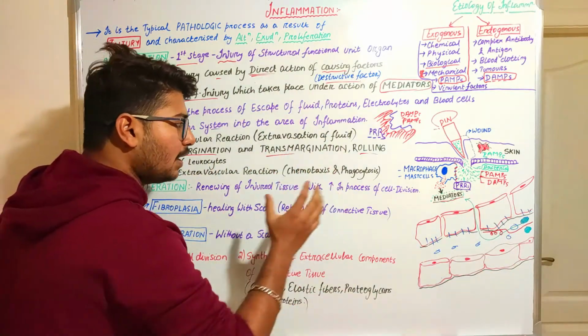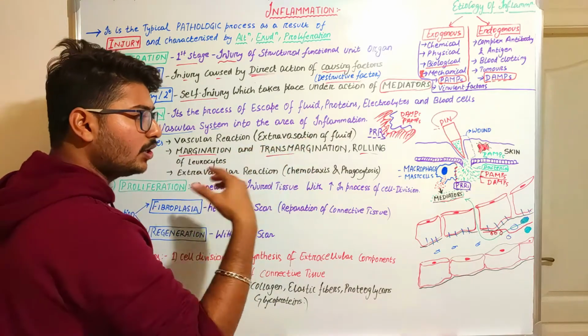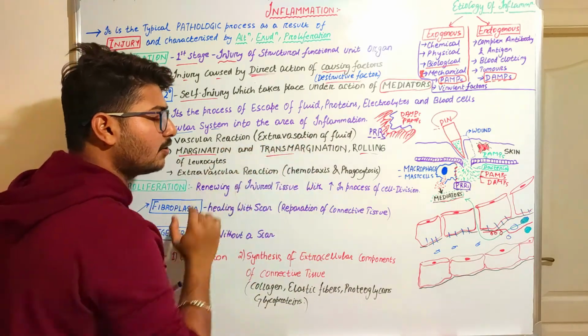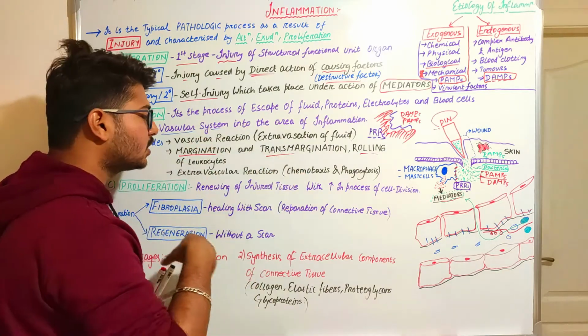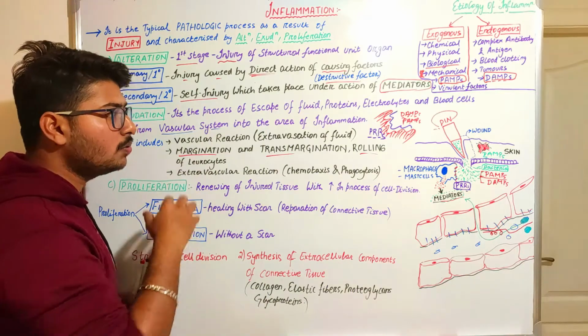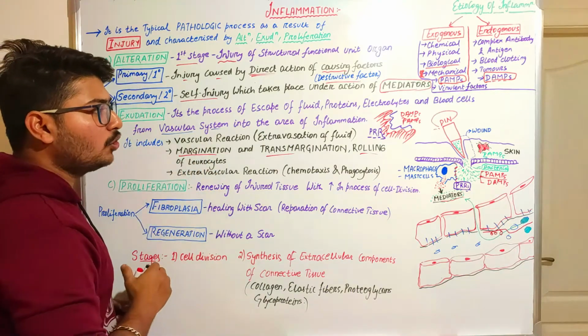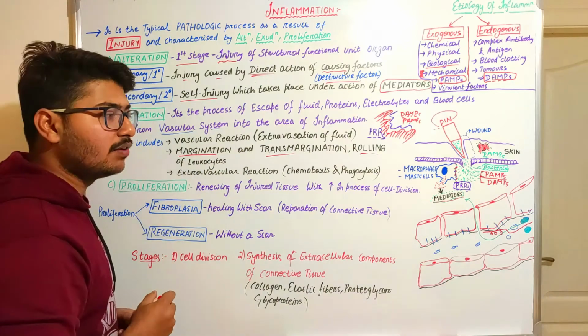Through that mechanism we see margination and transmargination. We are going to see margination, transmargination and rolling of leukocytes in more detail in one more video, but in this video I am giving the overview of what is actually occurring in inflammation.